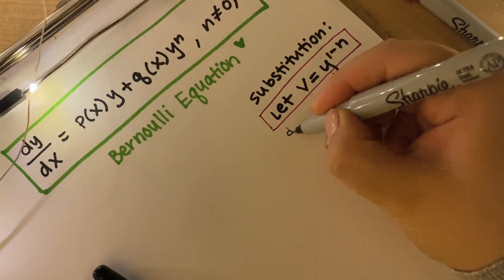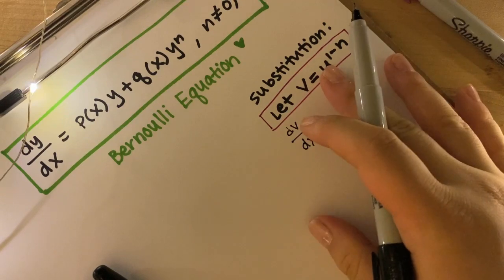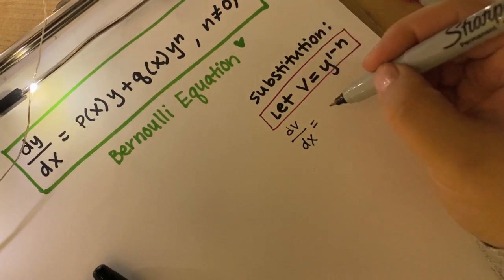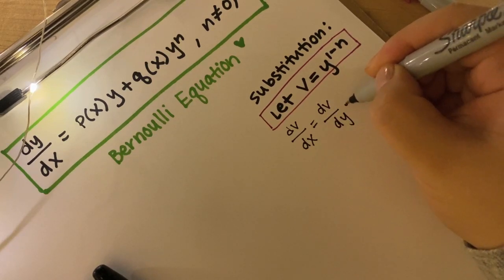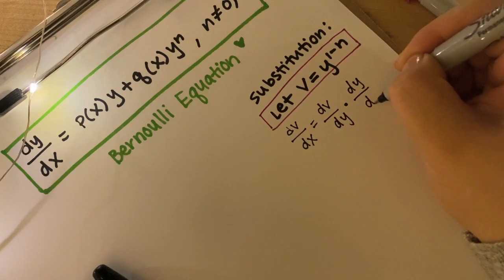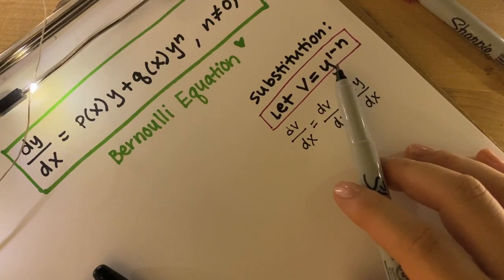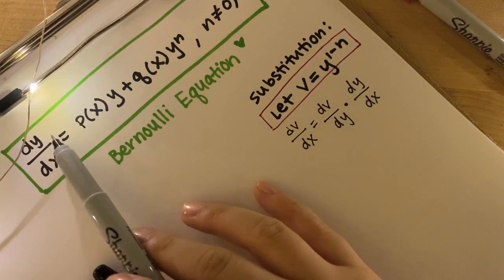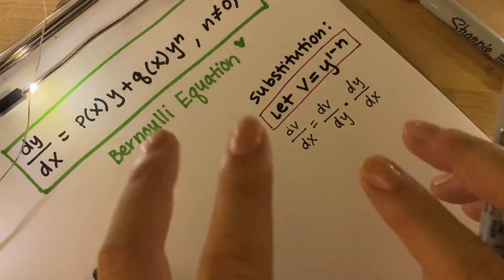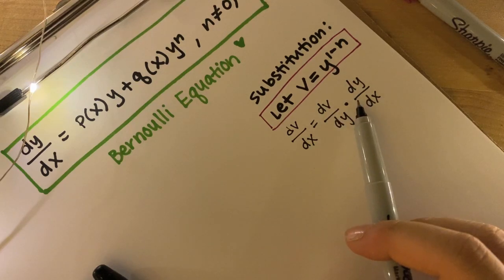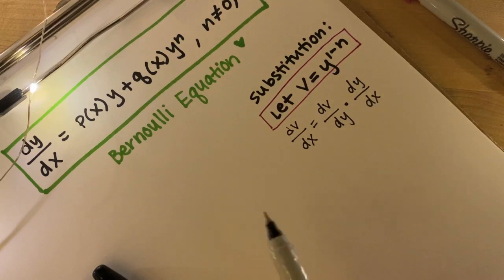So to do dv dx, those of you who love derivatives from calc might recognize this. This is our chain rule. We need that because v is a function of y here as written, but y is a function of x. So we can take the normal derivative, so to speak, but then we also need to do chain rule on the dy dx as well.